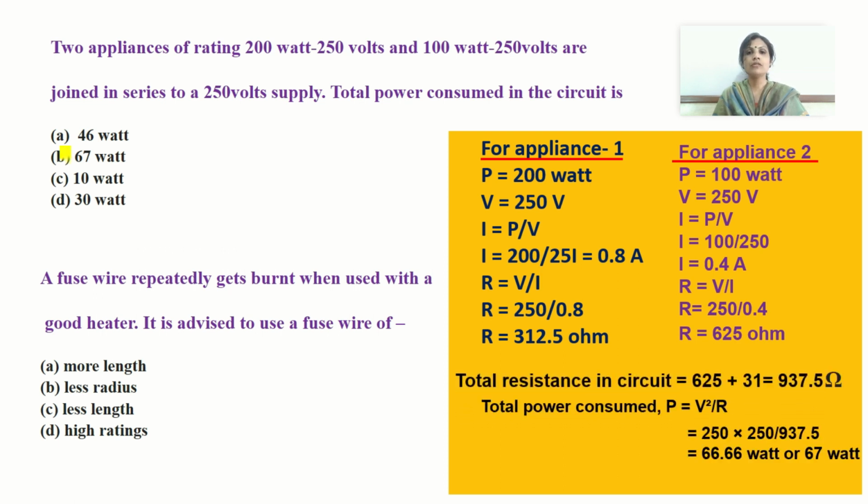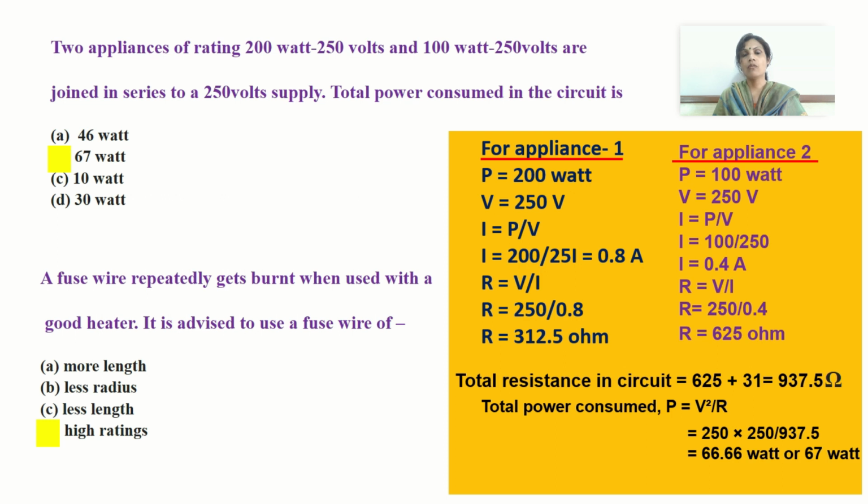Next is, a fuse wire repeatedly gets burned when used with a good heater. It is advised to use a fuse wire with what? More length or less radius, less length, or high ratings? Answer is with high ratings, because fuse wire is of two types, 15 ampere and 5 ampere. 15 ampere fuse wire is used for the appliances which require very high electric current, like electric geyser, then all electrical appliances at home.